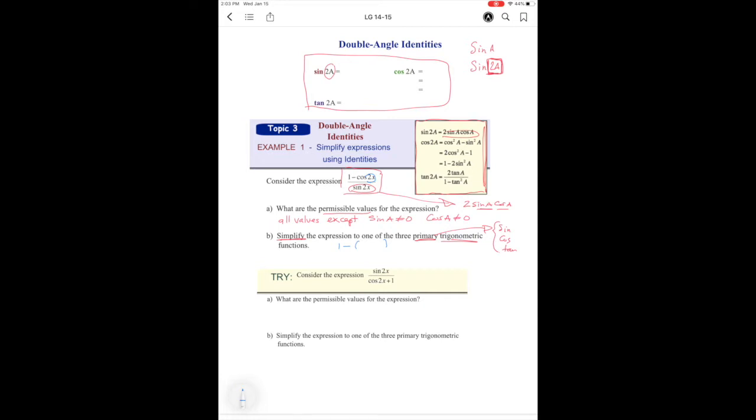Because when you're dealing with cos 2A, you'll notice that there are 3 options: 1, 2, 3. The top one up here, I don't use very often. Generally, 99% of the time, it's going to be one of these two. Now, which one do we pick? There's going to be a clue in most questions. And in this particular question, we have a 1 right here that we want to get rid of.